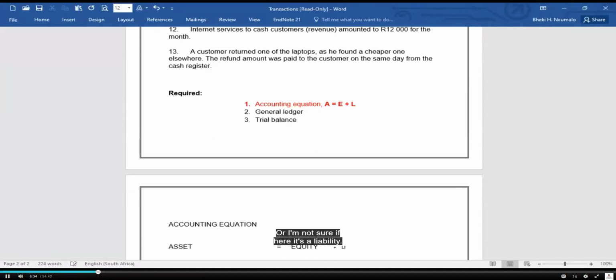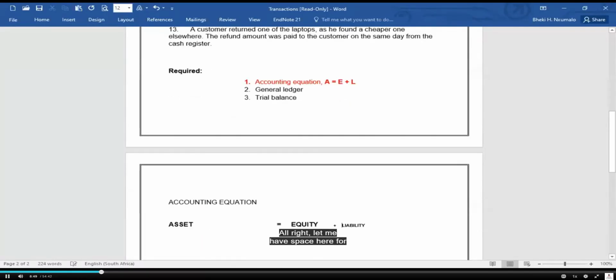So here it's liabilities, and here is my asset. This is my accounting equation for the month of March 2023.